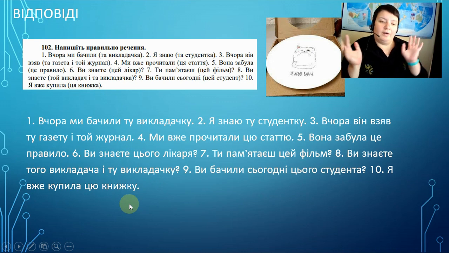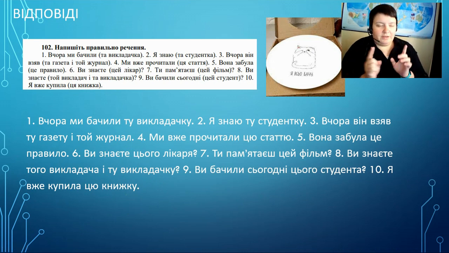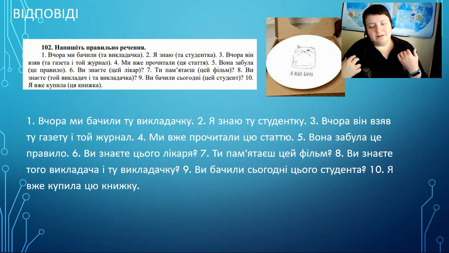Again, we change nothing if it's grammatical neuter, if it's grammatical masculine inanimated, and if it's plural inanimated. But if the objects are animated, we change everything in grammatical masculine and in plural.